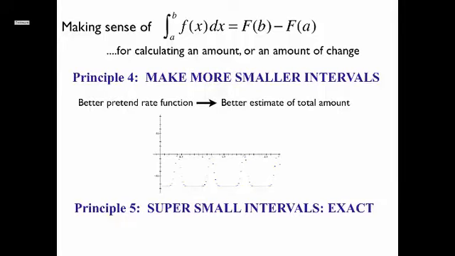Very small interval width. Summing up a bunch of changes, each change calculated by rate times change in x. That's what both of those things say. It's just that the one on the right is for small enough intervals that it's indistinguishable from the exact rate and the exact total change.